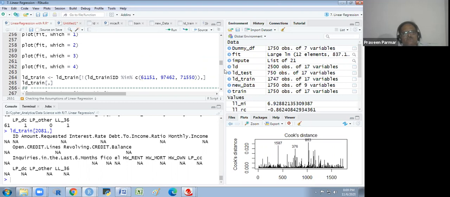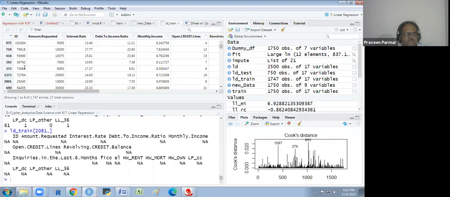I see that 161151 ID here. Just a moment. Got it, got it.